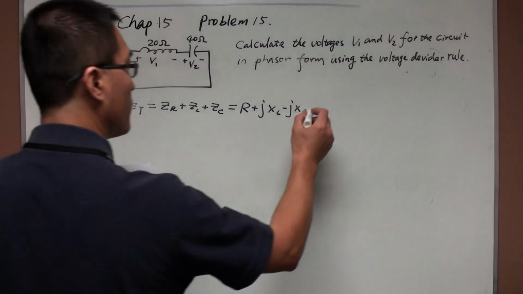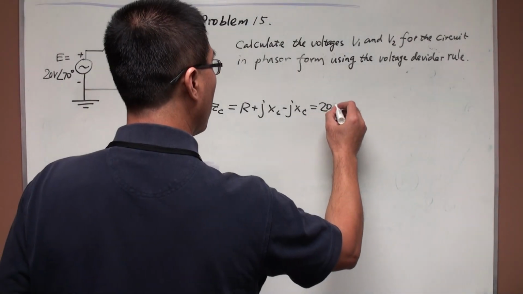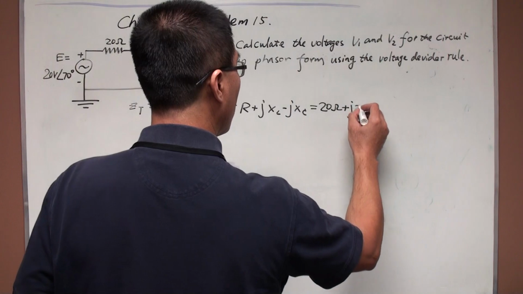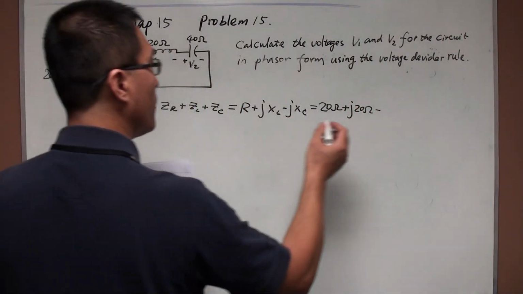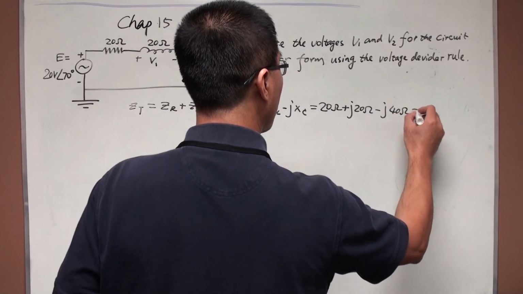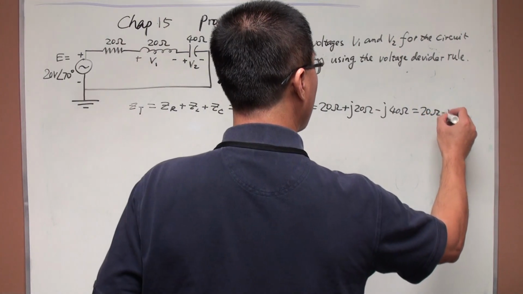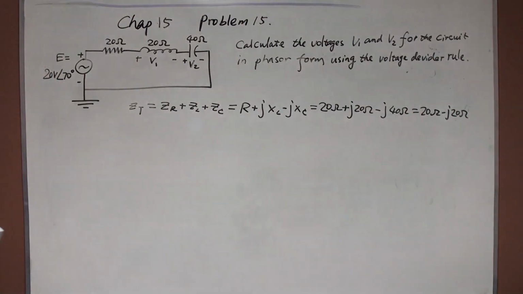Okay, so it's equal to R is 20 ohms plus XL is 20 ohms, j20 ohms, minus XC is 40 ohms, j40 ohms. So it's equal to 20 ohms minus j20 ohms. Okay, so that's in the rectangular form.